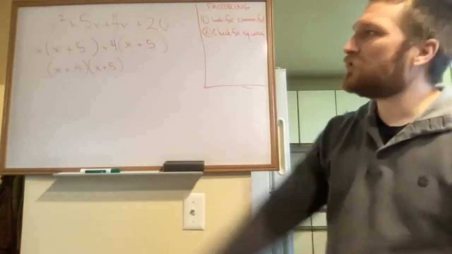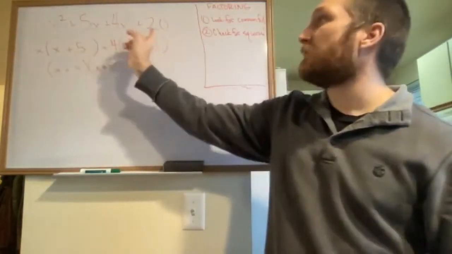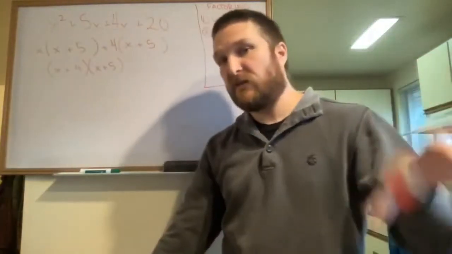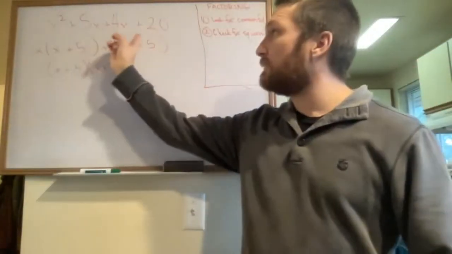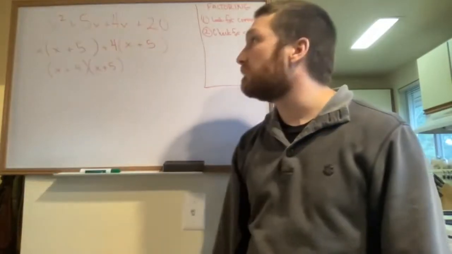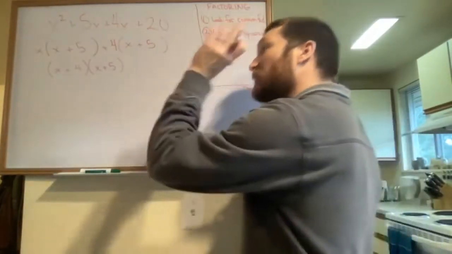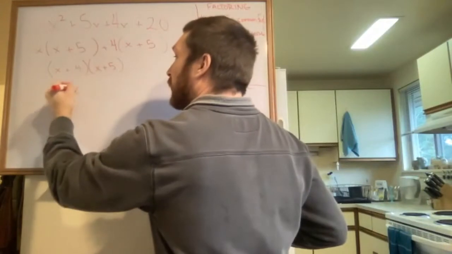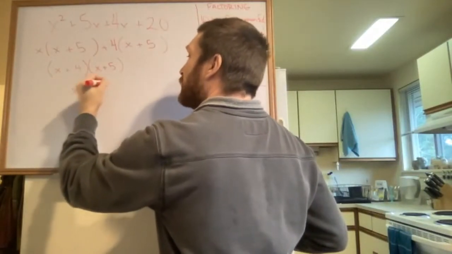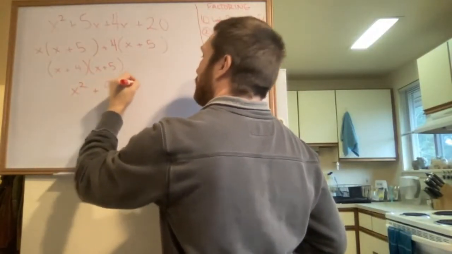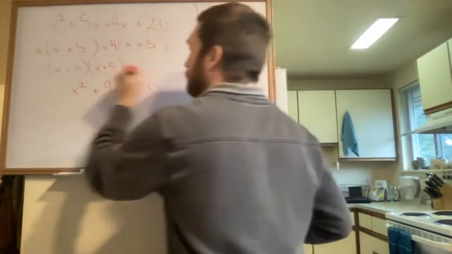The thing is, you're never going to see this. Outside of this section in your math book, you're never going to be given a polynomial like that. That's never going to happen. You will be given a polynomial where those two things are combined, where you have 9x plus 20.